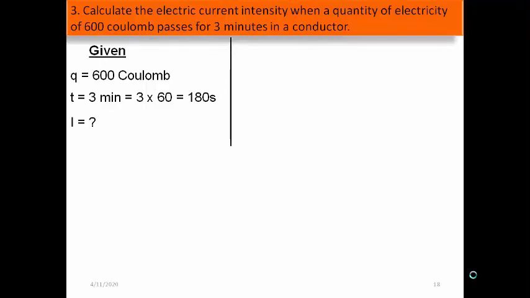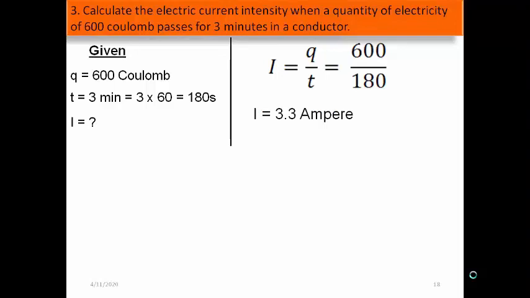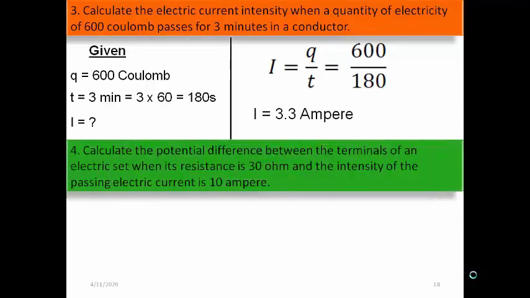We are going to find the intensity based on the equation of the intensity, which says that intensity is equal to quantity of charge over time. After substituting the values, the intensity is equal to 3.3 ampere.